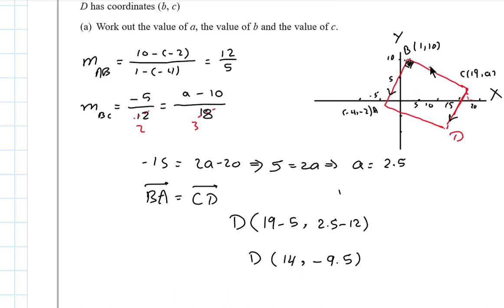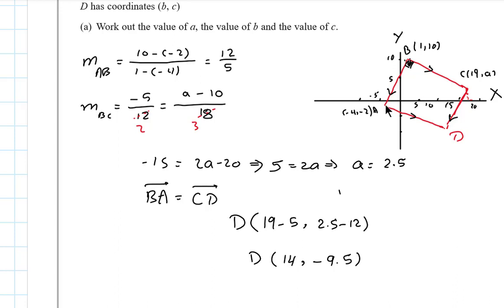Okay. Also, we can use the other two vectors, right? We can say that as we move from B to C, we should move from A to D. So 1 becomes 19, we add 18 to 1. So -4 plus 18, it should be 14, right? Very good, 14 is correct. Also, 10 becomes 2.5, you move down 7.5.